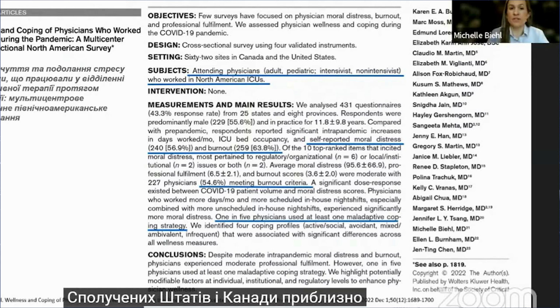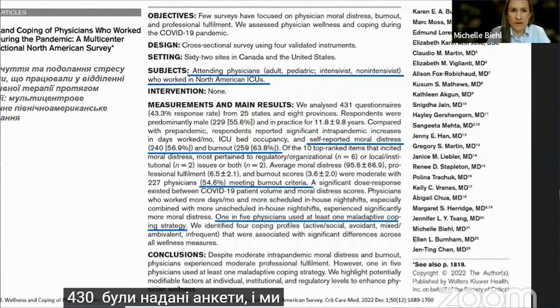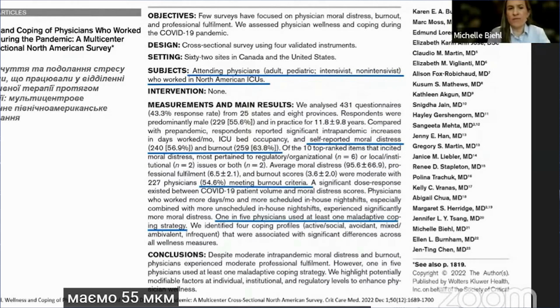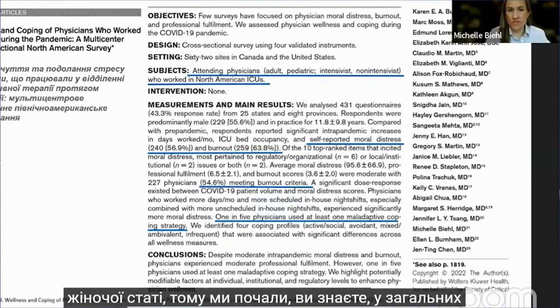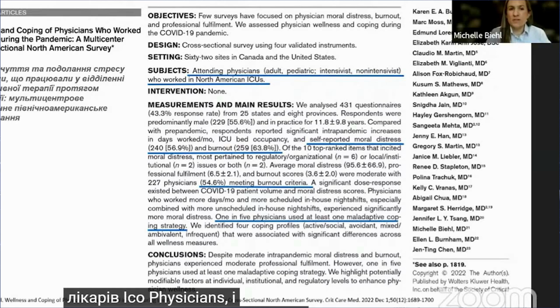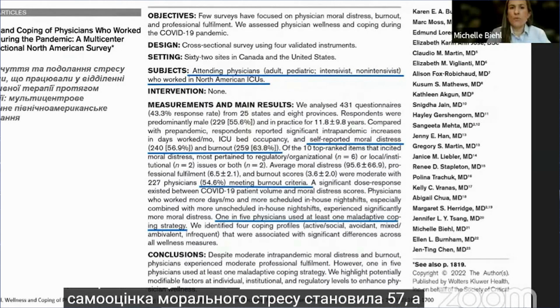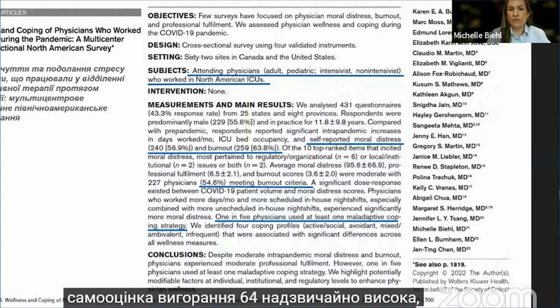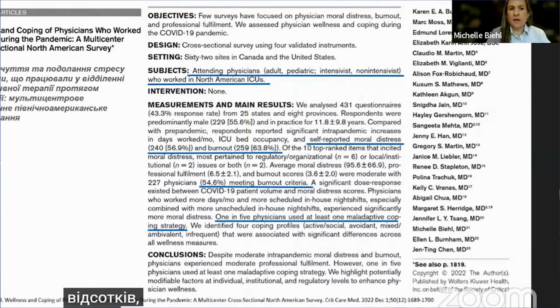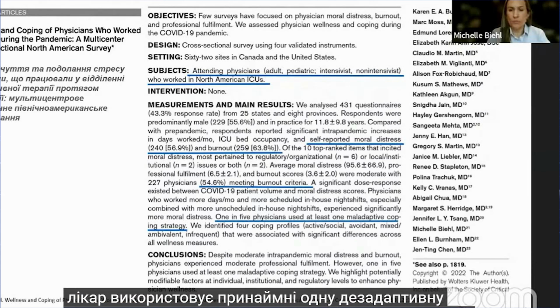Around 430 questionnaires were given, with 55% male and 45% female. Among ICU physicians, self-reported moral distress was 57% and self-reported burnout 64%, extremely high, and those who met criteria were about 55%. Also very intriguing is that 1 in 5 physicians use at least one maladaptive coping strategy to cope with burnout.